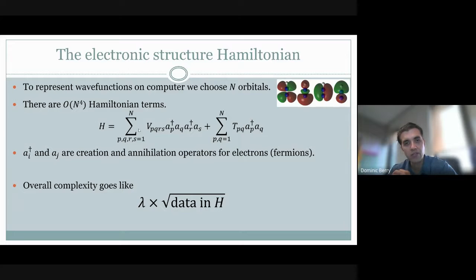And we obtained a dramatic improvement in the complexity using that approach over prior work, which was basically using product formulas. And the general idea there was just that it was reducing the amount of data that was needed to represent the Hamiltonian.